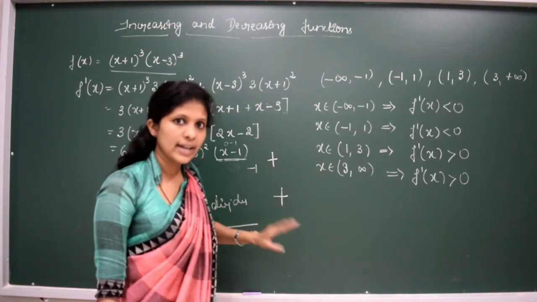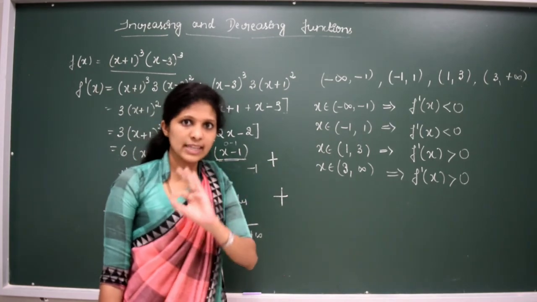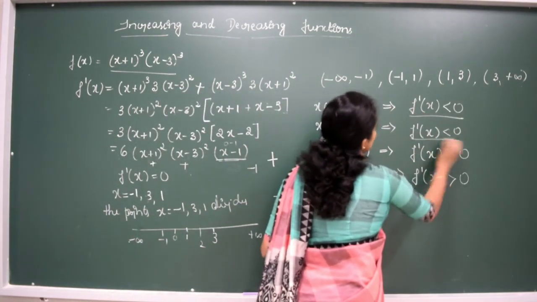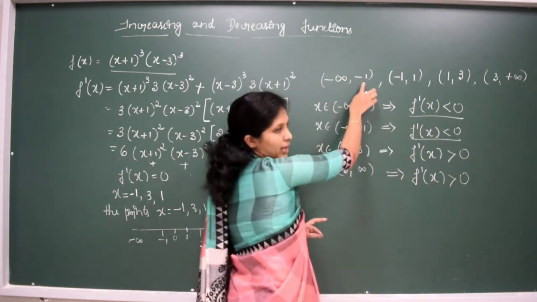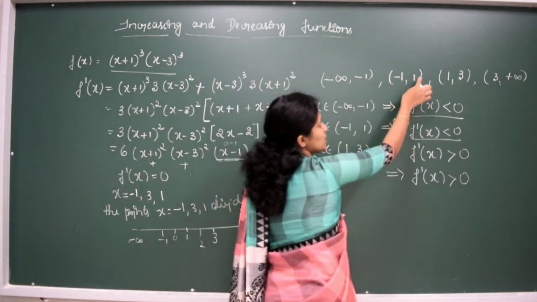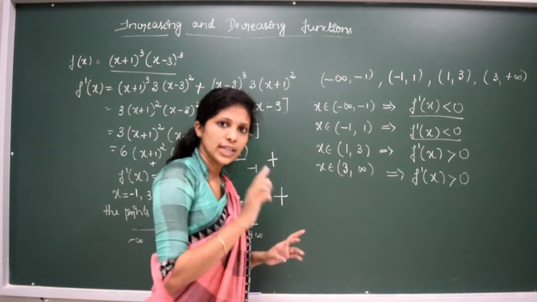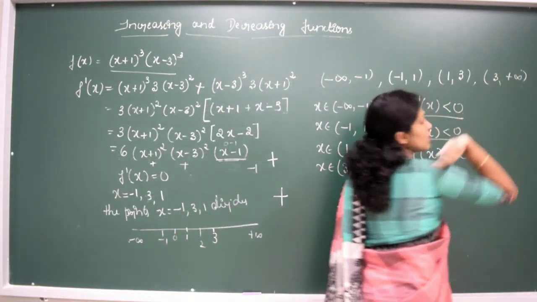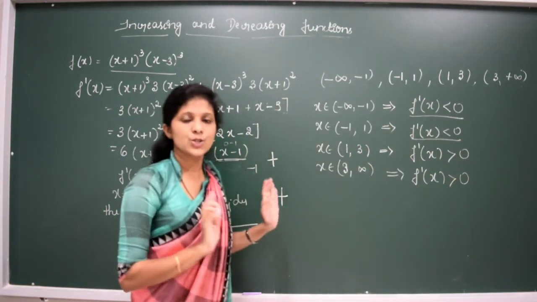Finally, f(x) is decreasing on −infinity to −1 union −1 to 1, and increasing on the interval 1 to 3 union 3 to infinity. That should be the final answer.